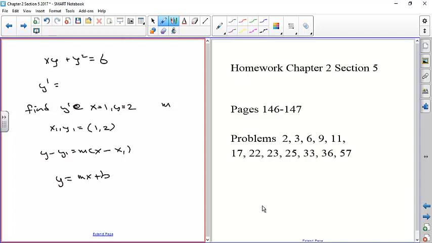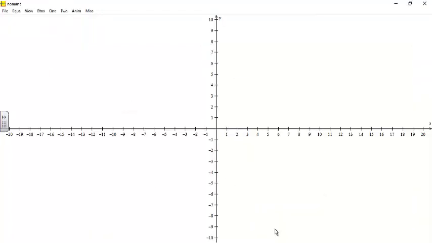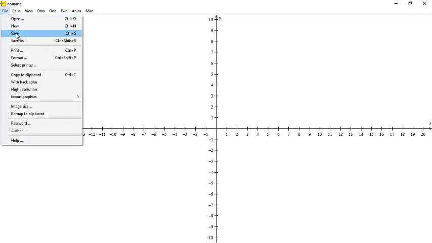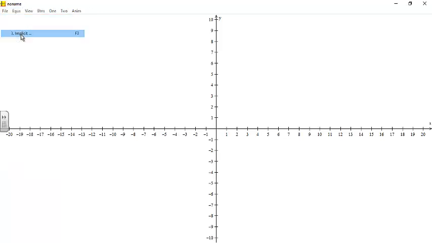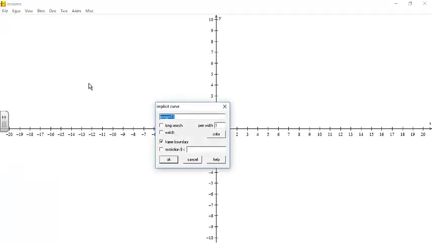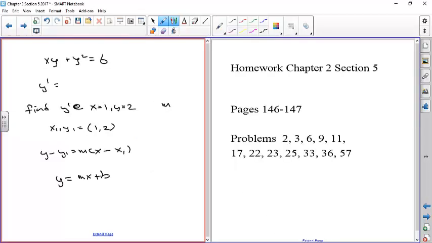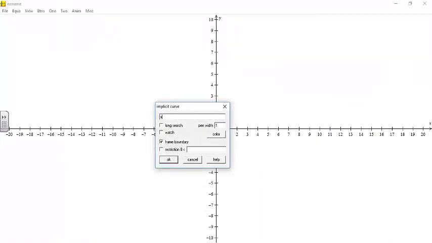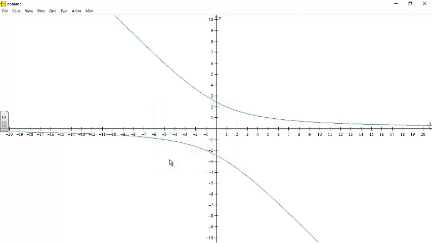While you're doing that, I'm going to plot it to see if it actually has some kind of slope we can look at. So it was xy plus y squared equals 6. Let's see what that looks like. Yeah, it does actually have a curve. And what we're looking at is the point 1, 2, so it's right here.